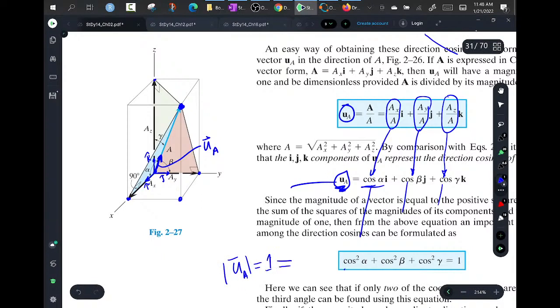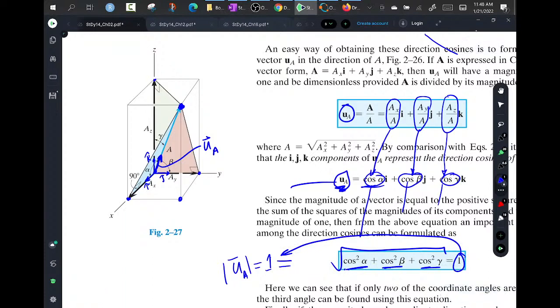If you take the square root of the sum of the squares of the lengths, that should give you the length. It's a unit vector. These are the components. So there is a situation that forces a relationship between alpha, beta, and gamma.